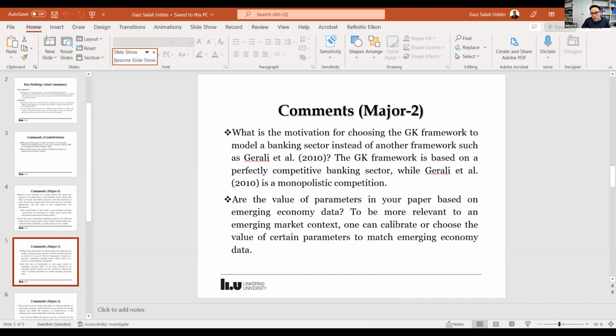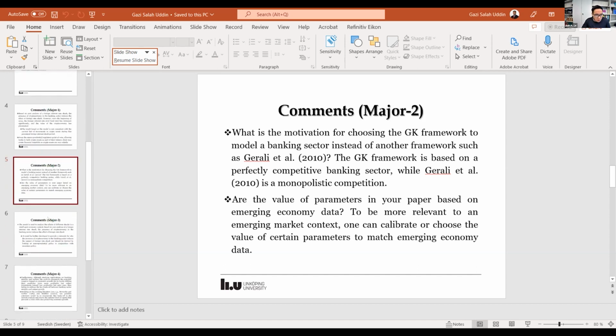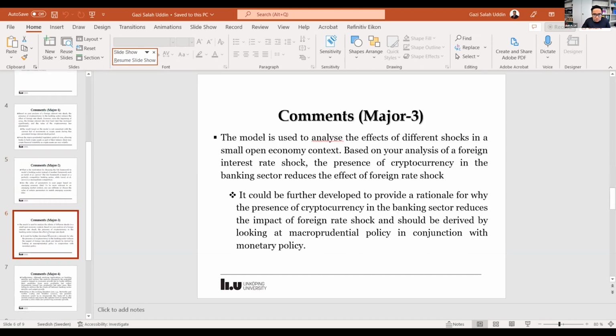So we build up mainly from that, and the parameterization takes into account the emerging market. We thought about estimating, but we don't have any reliable data on CBDC. Maybe in the near future, but until now we depend on our calibration.